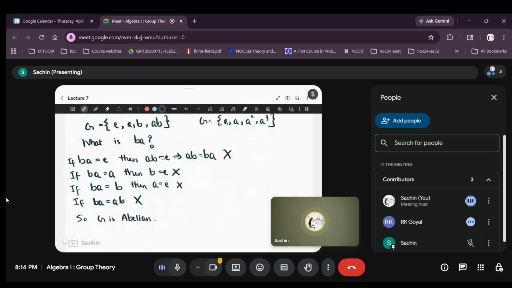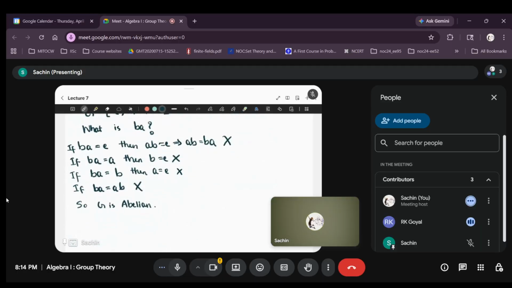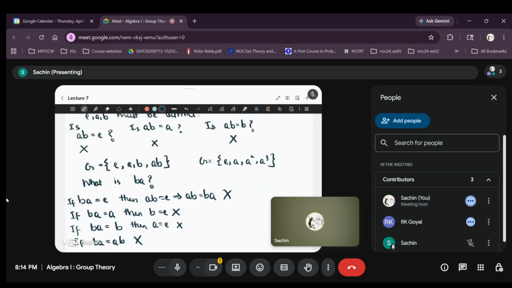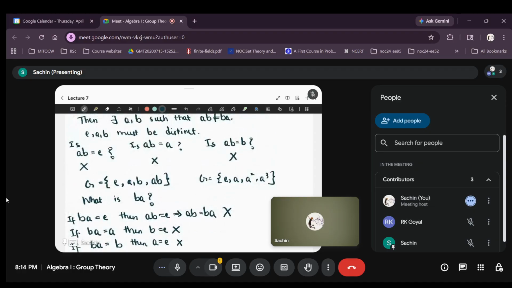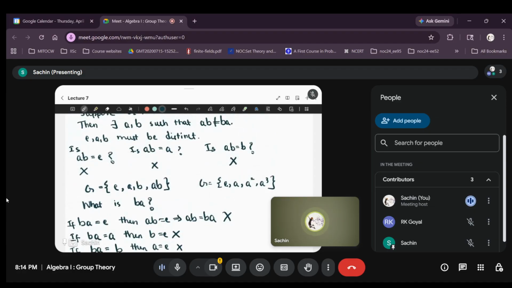At least the part that it was abelian is fine, right? Yeah. So actually, the next part about the structure is, we have still not come to isomorphisms, but what it means is that any group that has order 4 will be either of this form: E, A, B, and the fourth element is AB, where B is not a power of A, or it is of the form E, A, A square, A cube.